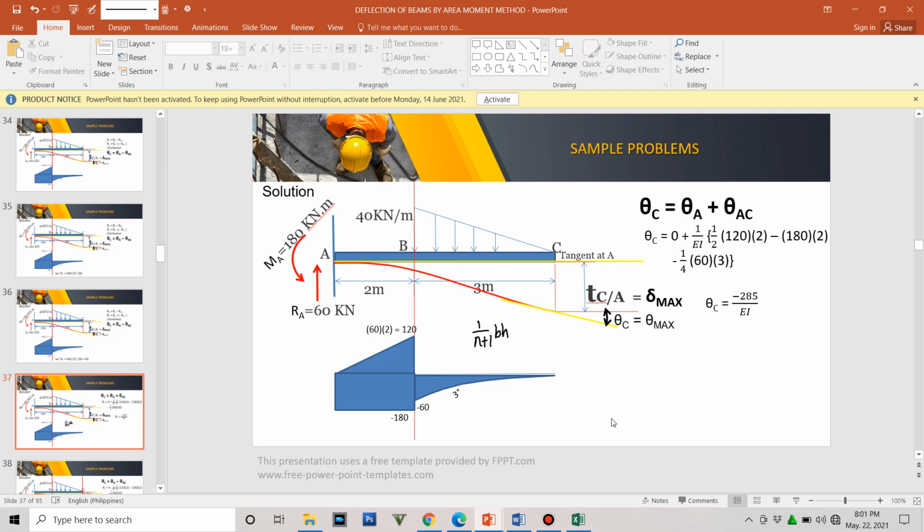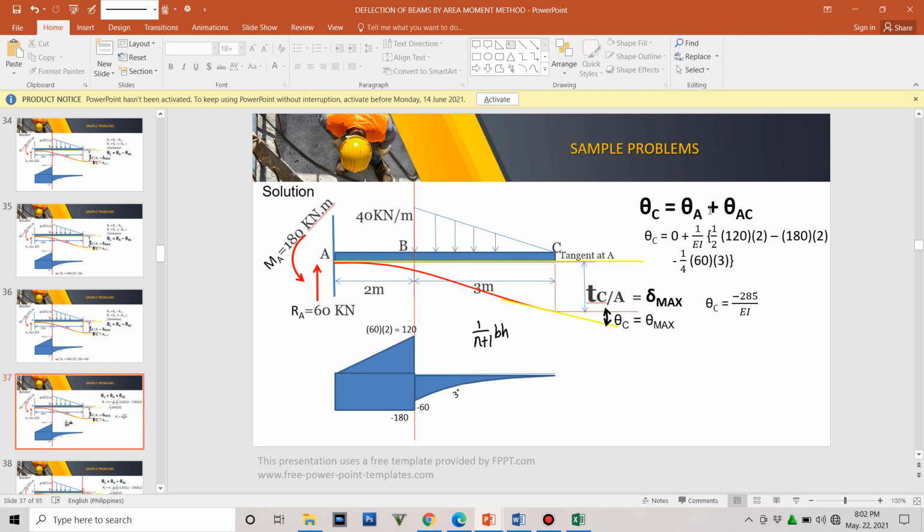Okay, so let us just correct this one. Let us remain or maintain the arithmetic here because in our calculation, it will just yield a negative value, since we started at 0 and we have a clockwise rotation here.